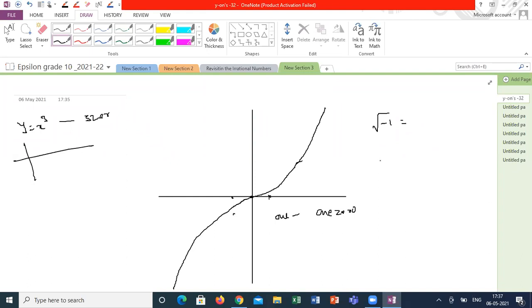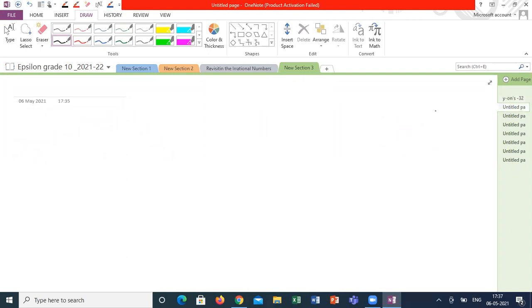But as of now, the number of times the graph intersects the x-axis is the number of real zeros available. I hope everyone is clear with that. We have done some numericals based on that. Our first exercise is done.